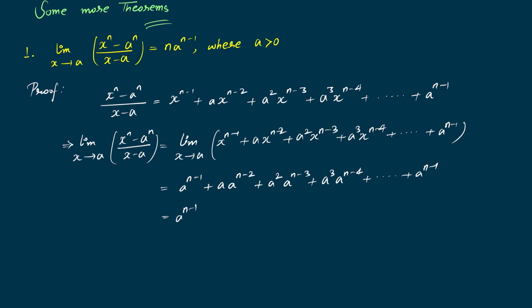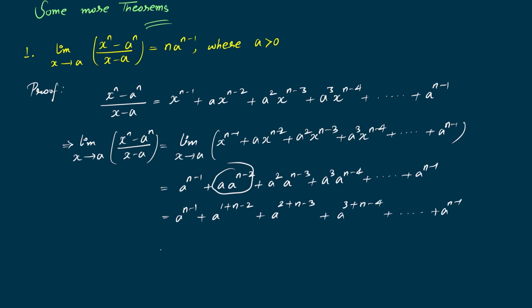Now did you see that here in this portion there is a into a to the power n minus 2 getting multiplied? So since the bases are the same, the powers will get added, so it will be a to the power 1 plus n minus 2, and in the third term it will be a to the power 2 plus n minus 3.